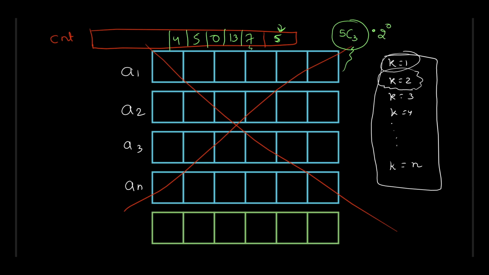Then how much contribution will the next bit position give? There are 7 set bits in this position, so it will give 7C3 times 2 to the power 1, and we don't actually worry about the carryover from this index. Why? Because we add their contribution directly.